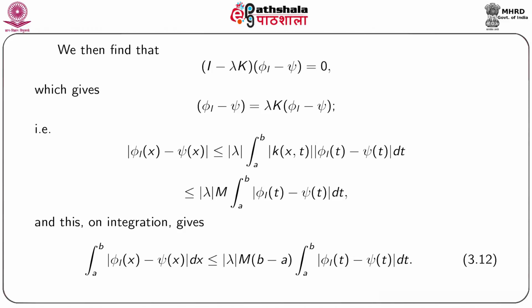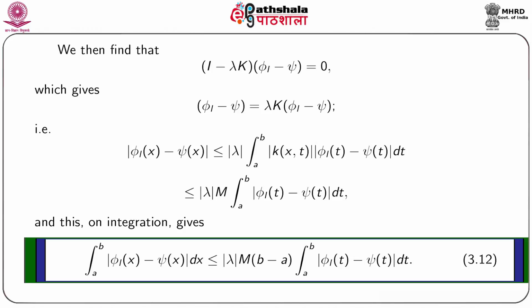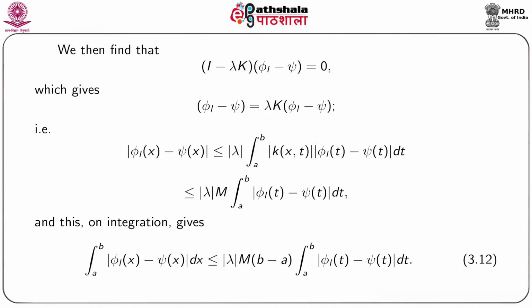At this point, we integrate both sides with respect to x from a to b. So, the left hand side becomes integral a to b mod phi L x minus psi x dx, and this is less than or equal to mod lambda into M into b minus a into integral a to b mod phi L t minus psi t dt, as given in equation 3.12.